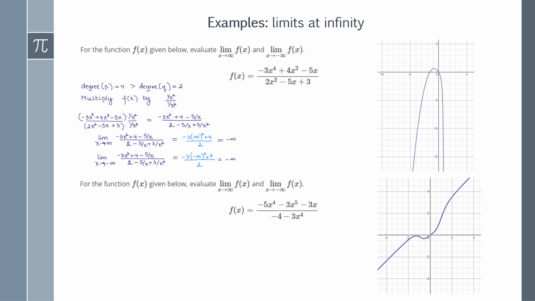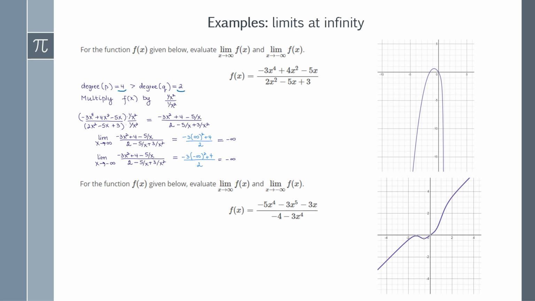Negative 3x to the fourth plus 4x squared minus 5x. That's the polynomial on top. And the polynomial on the bottom is 2x squared minus 5x plus 3. Okay, so what do we have here? The degree on top is 4. It is bigger than 2.